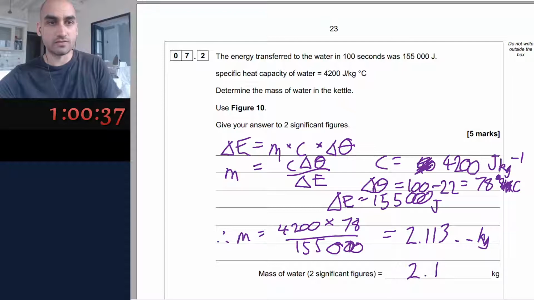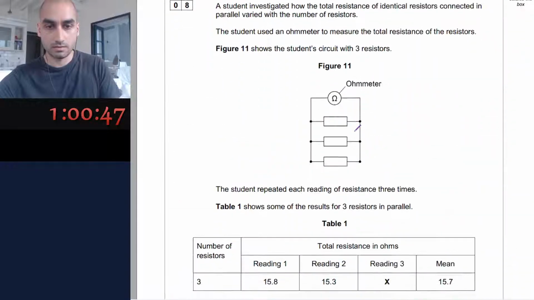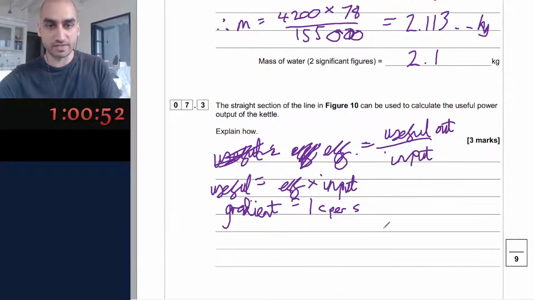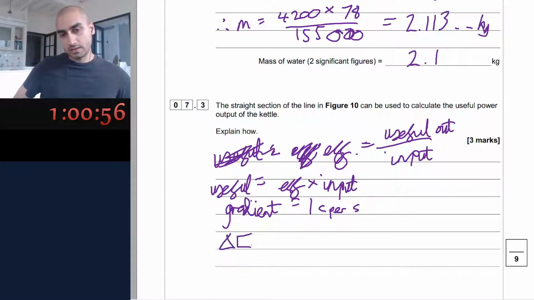okay, and this is where we use this formula. Heat capacity. So we got delta E equals mc delta theta. So now we're tapering off. We're getting rid of the fuzzy bits on the line. So delta E equals mc delta theta.